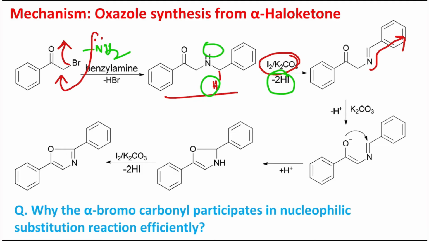Now students, please look at these 2 parts. This is a 1,3-dicarbonyl type, or better to say carbonyl imine. This is 1, this is 2, this is 3, and we know 1,3-dicarbonyl derivatives, or active methylene as they are also named, have significantly acidic protons.